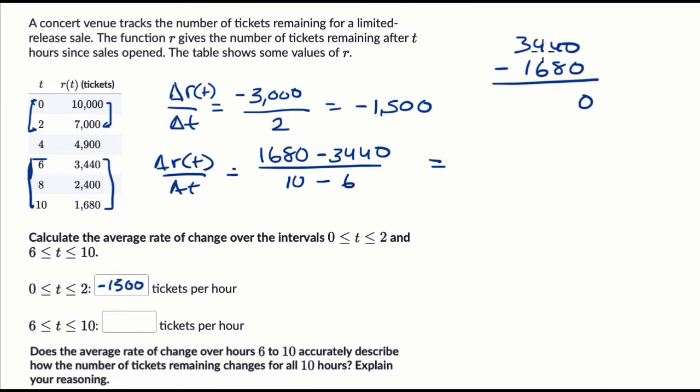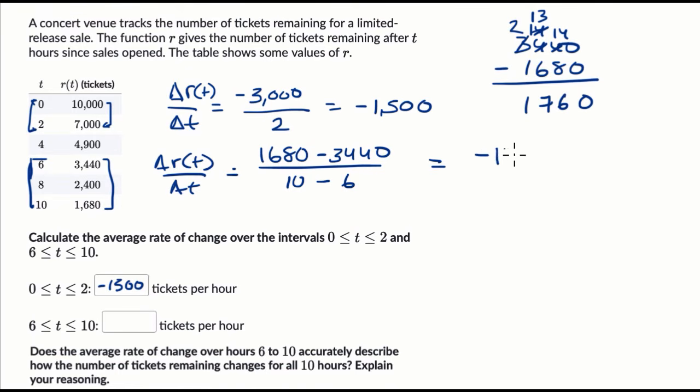I'm going to have to regroup up here. So that is a 2. This becomes a 14, and I have to regroup again. That becomes a 13. 14 minus 8 is 6. 13 minus 6 is 7. 2 minus 1 is 1. So 1,760. But it's the negative of that since we're going the other way around.